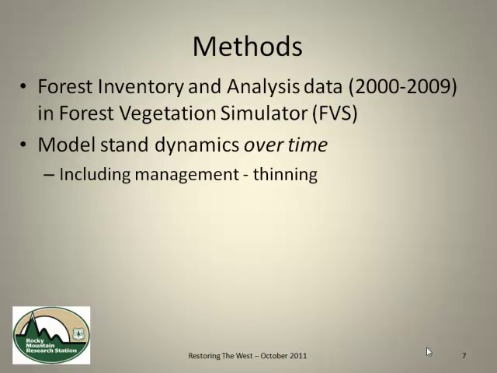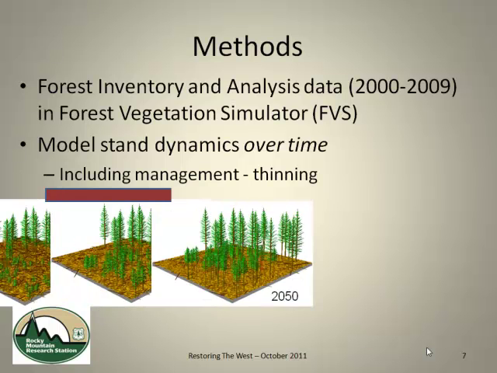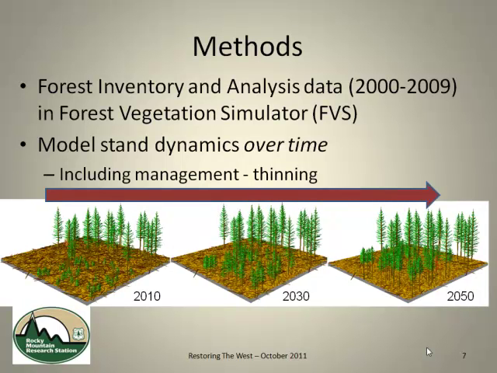This is a very complex growth model, and one of the benefits of this model, besides quantifying what's on the stand now, is that it will simulate growth, mortality, and growth response to thinning over time, and give us quantitative output to assess. And so here's a Douglas fir stand growing over time.